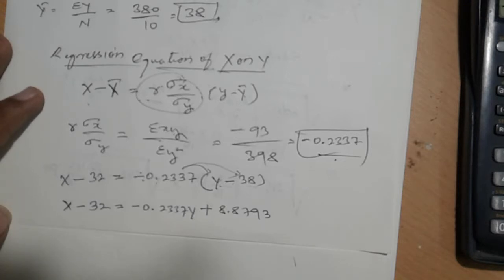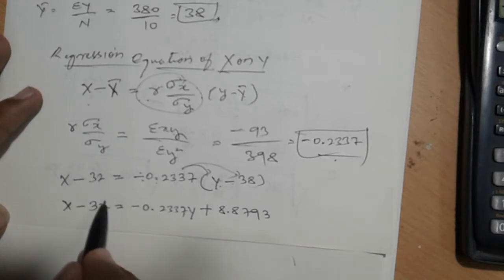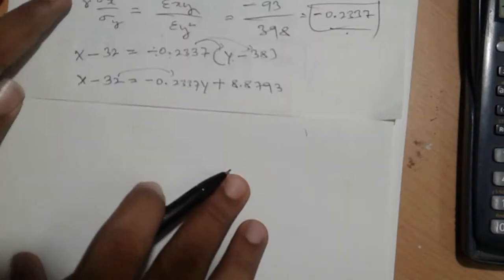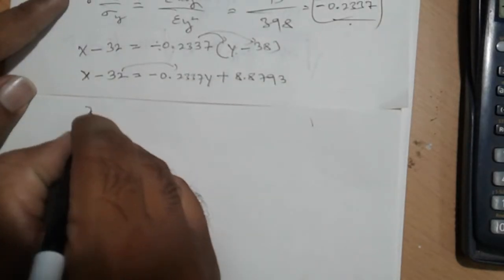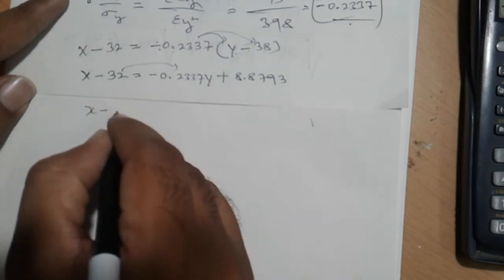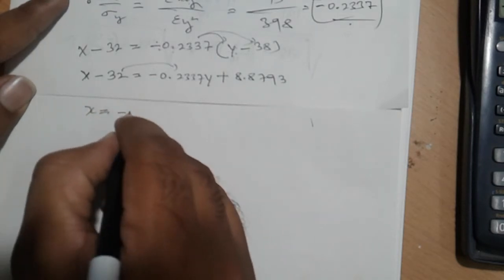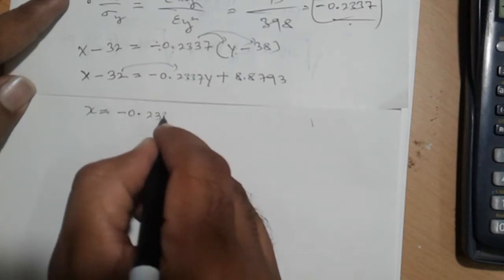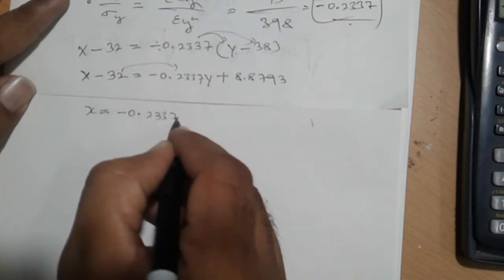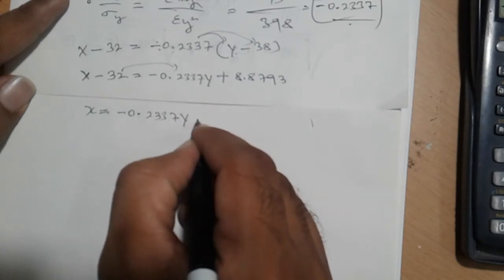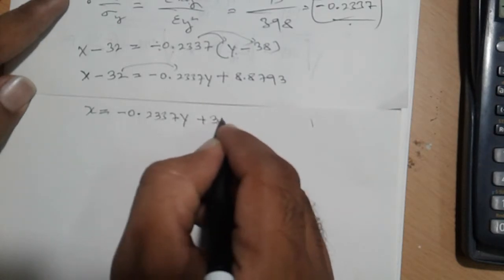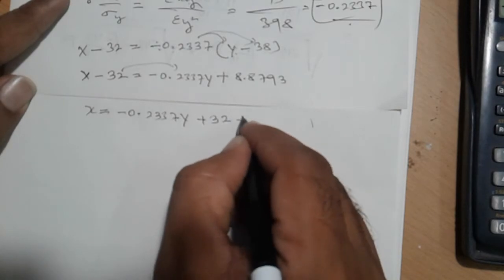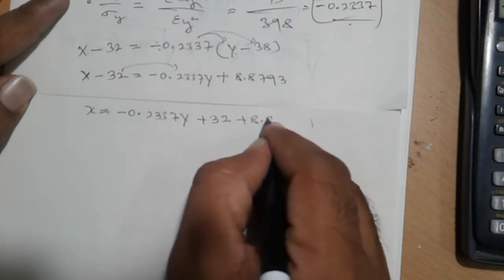Okay, now what do we have to do? We have to move this 38 to here to make it plus. So x minus 32 is equal to, this value remains the same, minus 0.2337y plus 8.8.